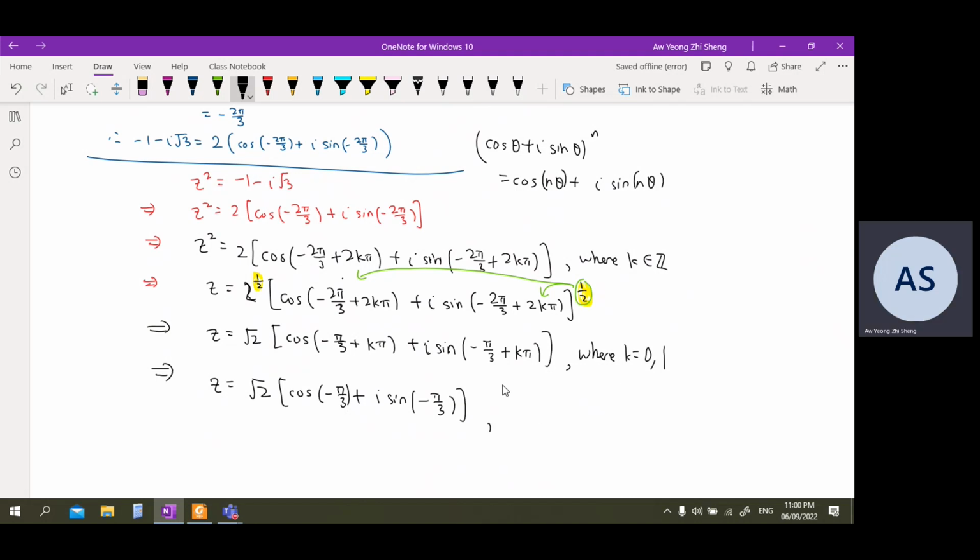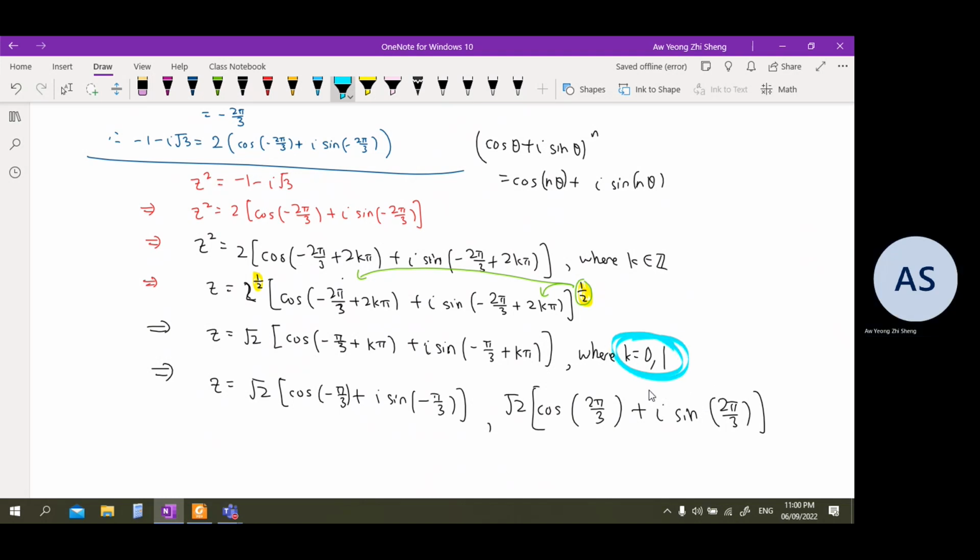When I sub in k equals 1, I have 2 cos of 2 pi over 3 plus I sine 2 pi over 3. And so it's important to let your reader know what values of k you are substituting in your working. It's important to state the values of k that you're about to sub in.